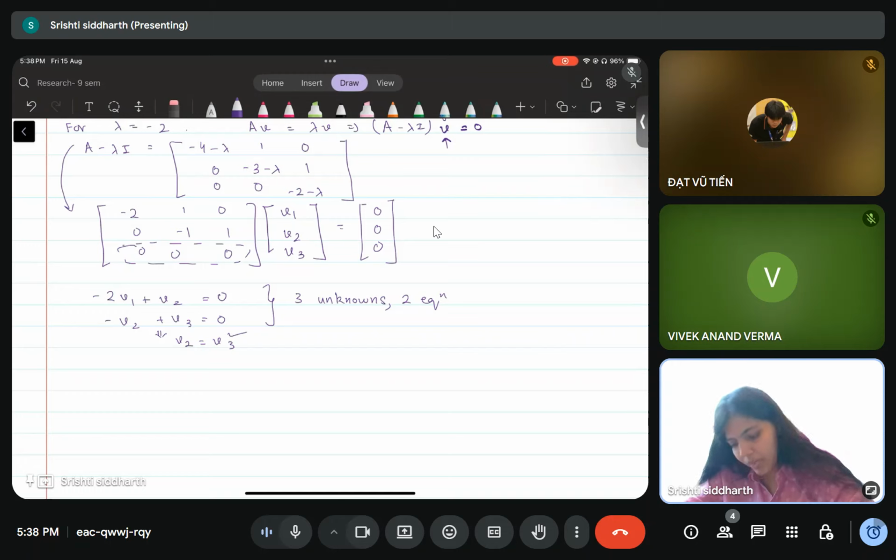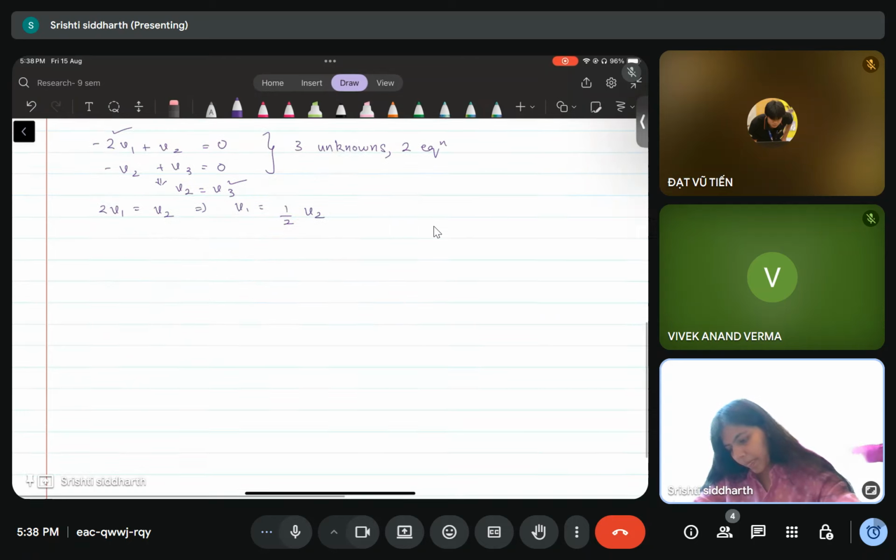We can assume some value for v3 and that would be equal to v2. Now we need to determine v1. From the first equation, v2 is 2 times v1, which implies v1 is half of v2. So given any value of v3, the vector V would be half of v3, v3 and v3.